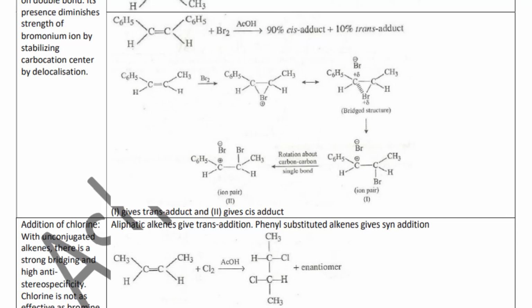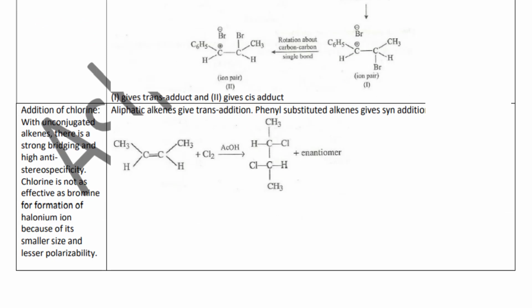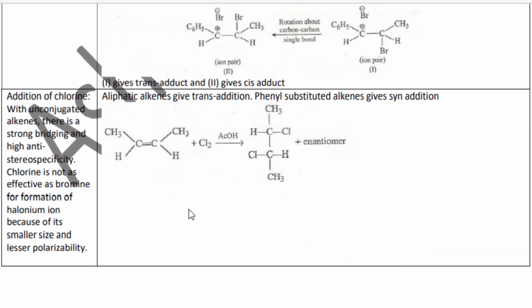Coming to the chlorine thing, with unconjugated alkene there is a strong bridging and high anti-stereospecificity, right? Chlorine is not as effective as bromine for formation of a halonium ion because of its smaller size and lesser polarizability.